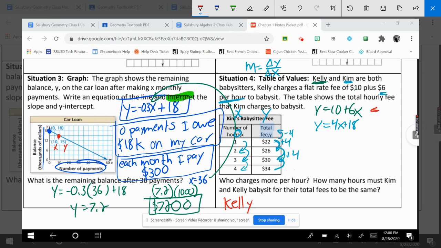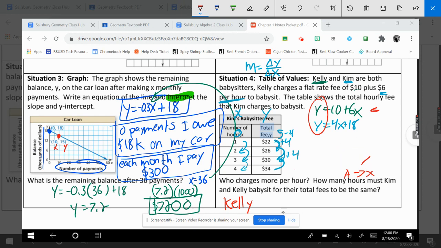And the last one is, how many hours must Kim and Kelly babysit for their fees to be the same? Well, the easiest thing to do is they both are equal to y. You guys might remember the transitive property from geometry, right? It was like if a then b, but if b then x, therefore if a then x.